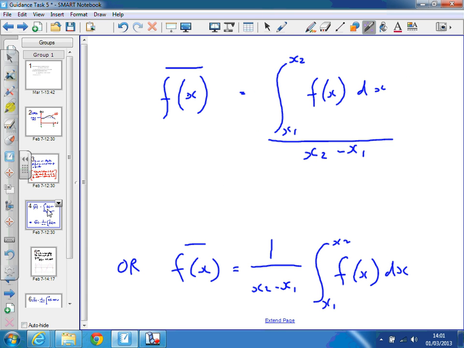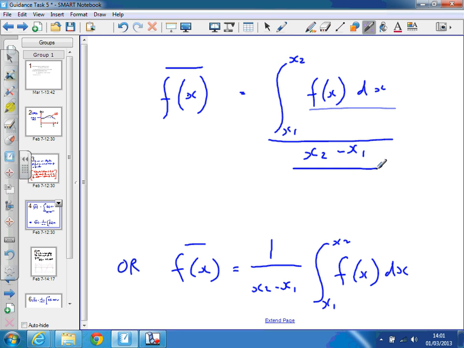Written algebraically, it would look like this. f bar of x, and remember, in statistics, x bar represented the average value, so for exactly the same reason we use f bar of x to represent the average value for the function. So the average value of the function equals the integral between the limits, x2 and x1 in this case, of the function, divided by the width of the integral.